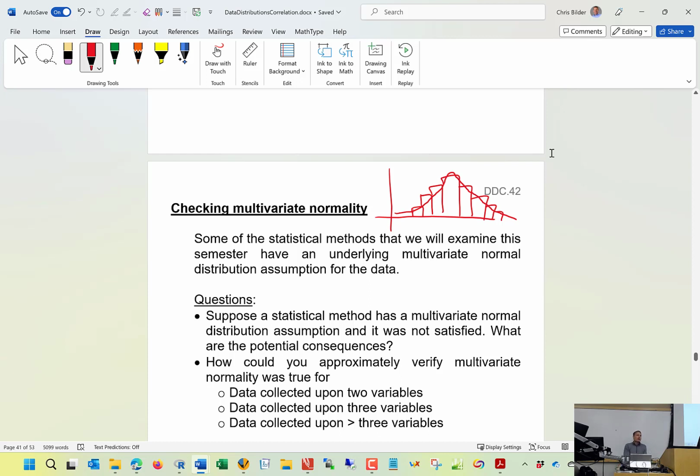Now, how could we do the same kind of verification in a bivariate situation? We have 2 variables, and we want to see whether the sample, like the one we just saw, is characterized by a bivariate normal distribution. How would you check that? Any thoughts?